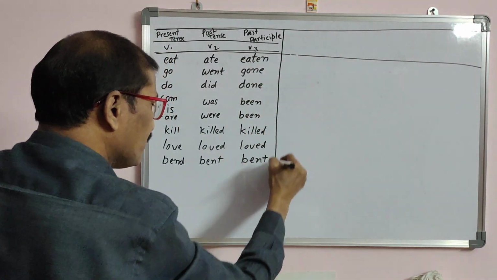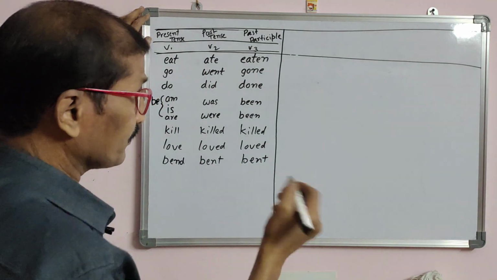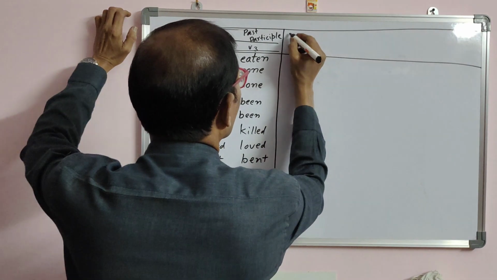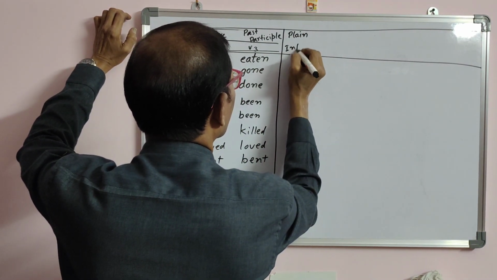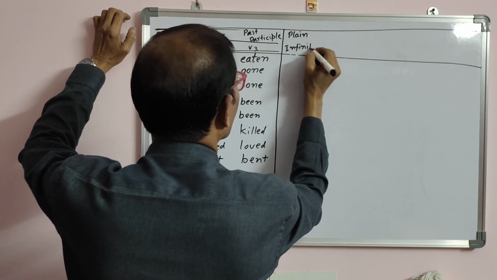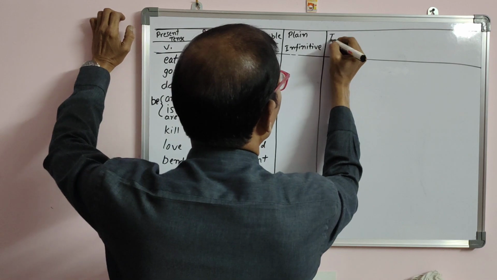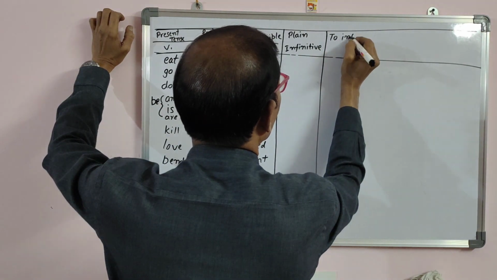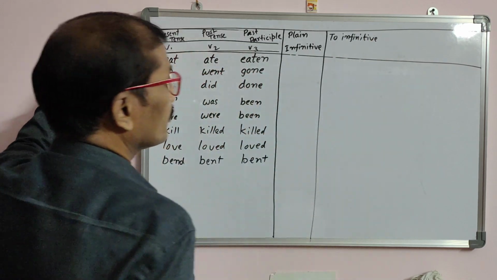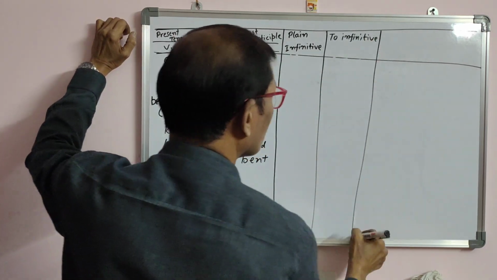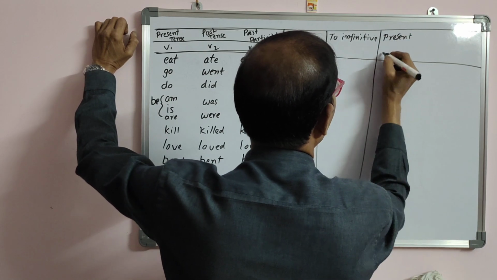There are other forms of the verb also. I give them one by one. Plain infinitive. To infinitive. Present participle.